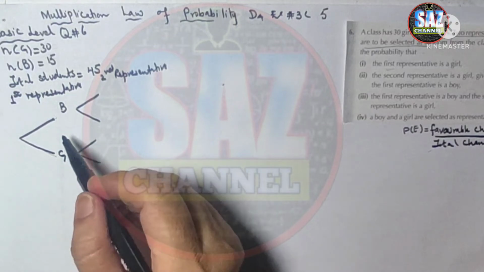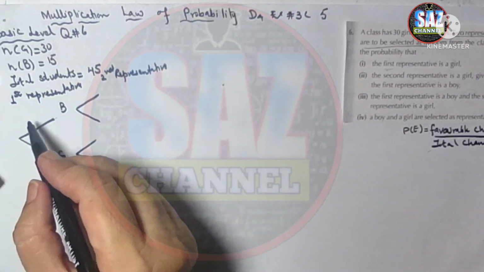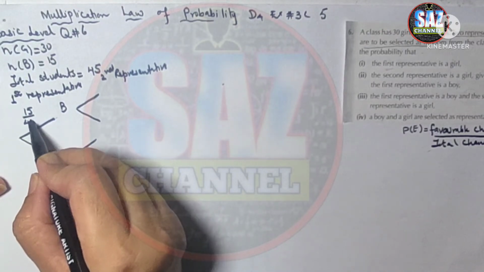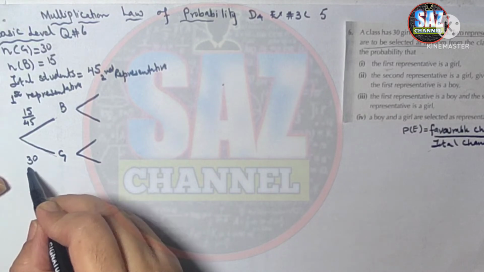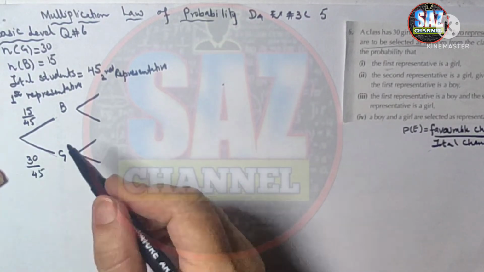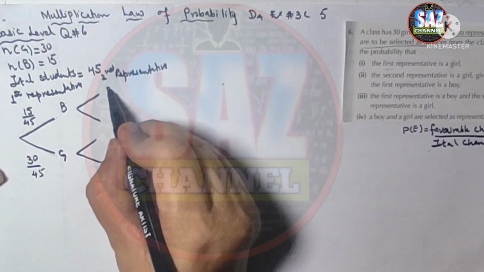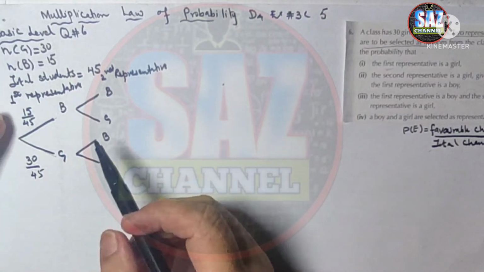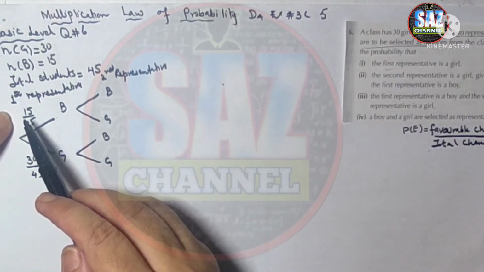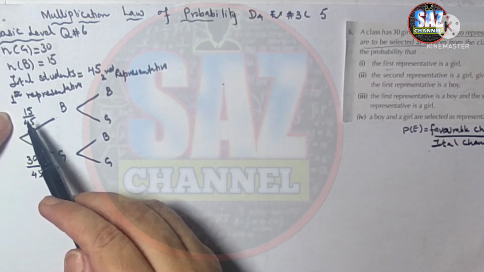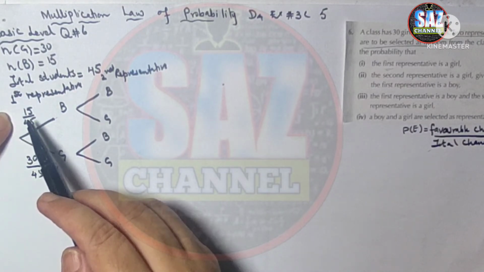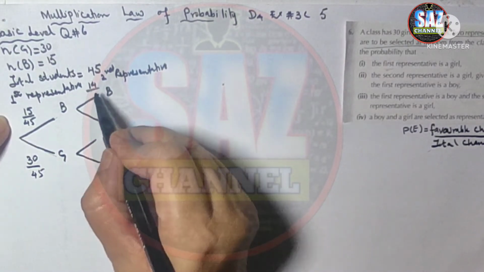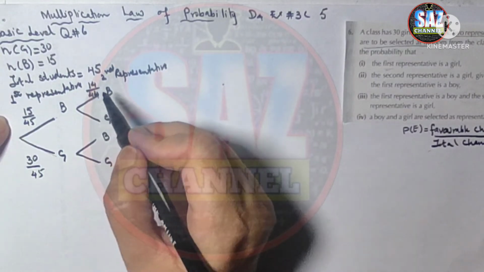Now if I am picking up a boy first, then my choices will be 15 by 45, and for the girl the choices will be 30 by 45. Now try to understand. This is again the boy and girl, boy and girl. Now if I have picked up one boy here, it means that for the next selection the total choices of boys will no more be 15, they will become 14, and the total will also be 1 less than the original total.